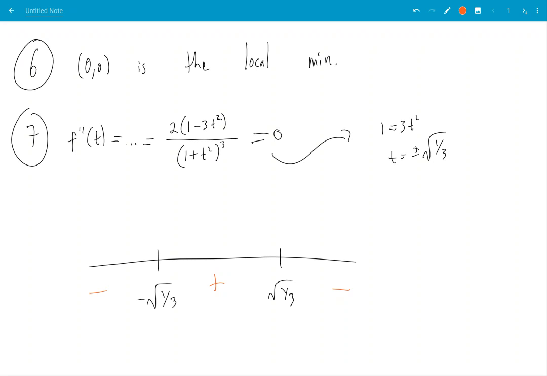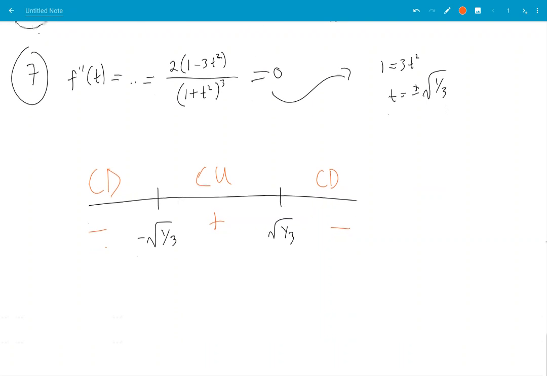If you pick a large enough number, like negative 1,000,000, you'll see the numerator becomes negative, so you also get a negative on top. So we have concave up here, then concave down on both sides. So this is an IP, this is an IP. That's what we'll talk about in 8.